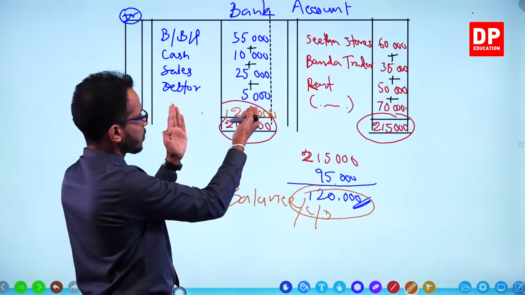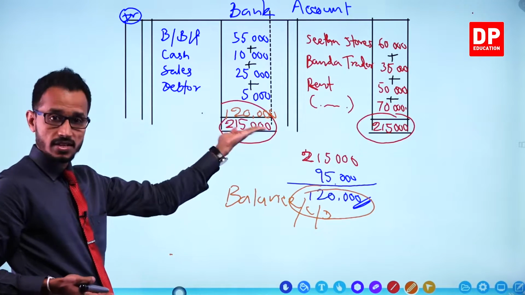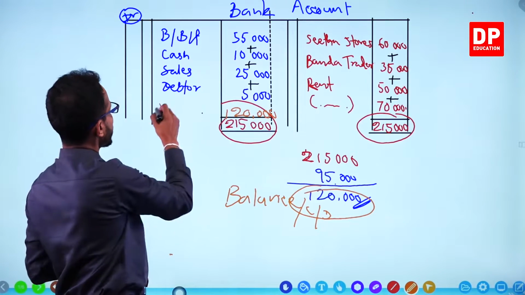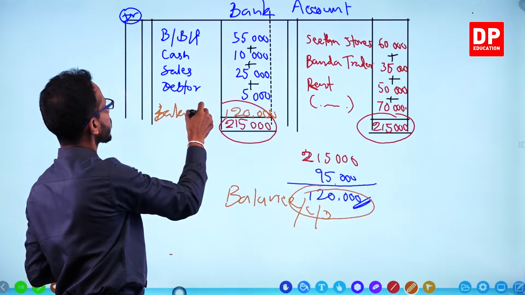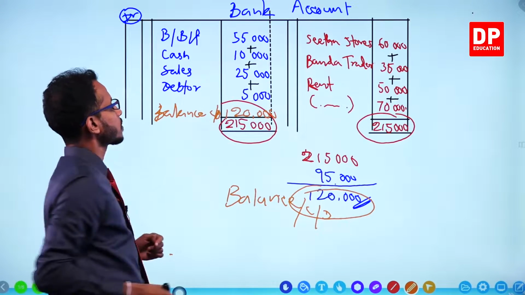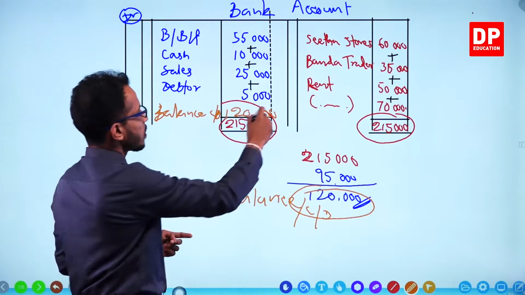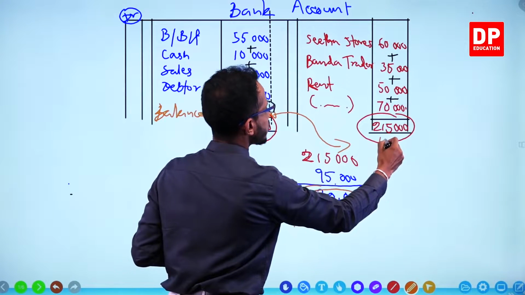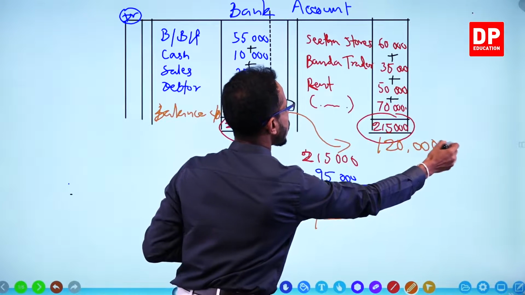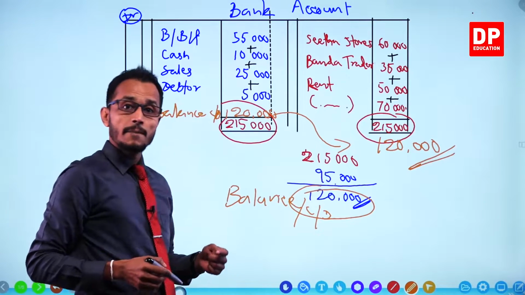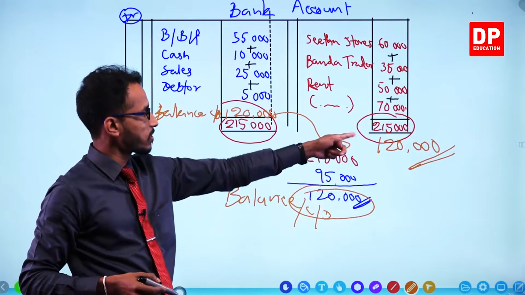The shortage, the difference, is 120. So the balance carried down comes to the debit side. Balance brought forward goes to the credit side. This is called a credit balance.